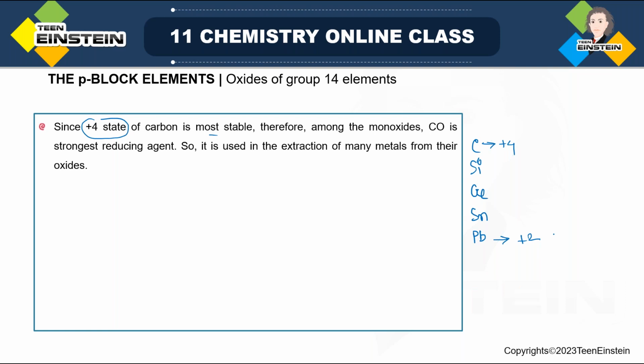Now since the +4 state of carbon is more stable, among the monoxides, that means if you consider all the EO types, whether it is SiO, GeO, CO, among all the monoxides, carbon monoxide is the strongest reducing agent. So carbon will always try to move from the +2 state to the +4 state.